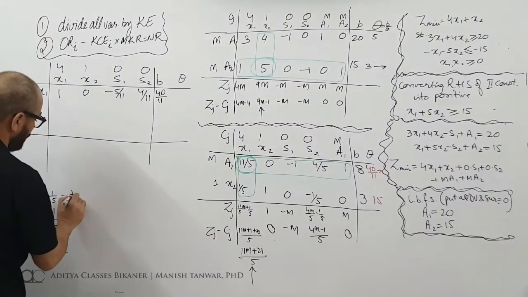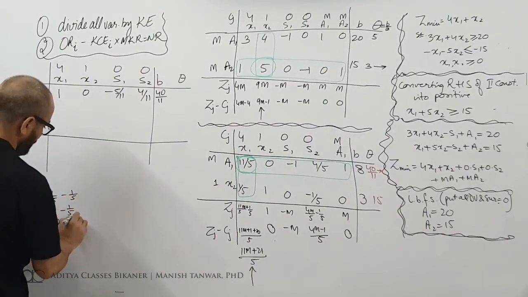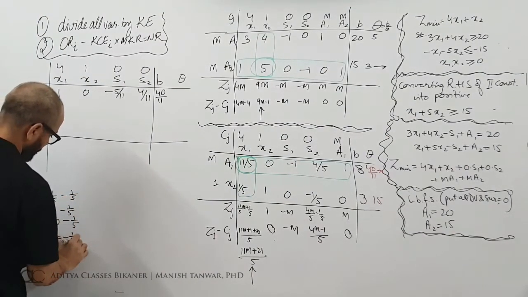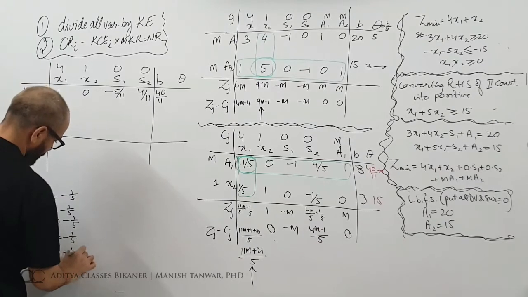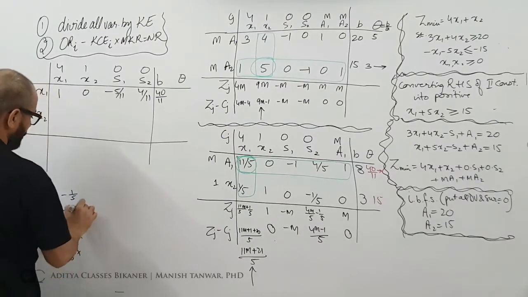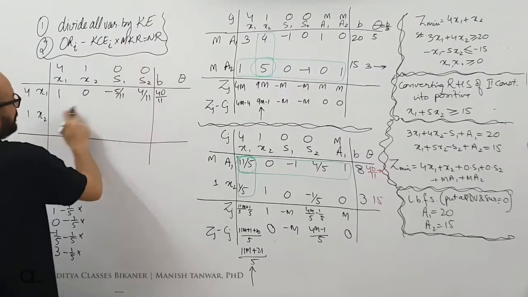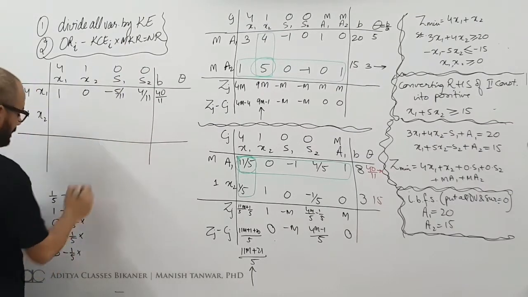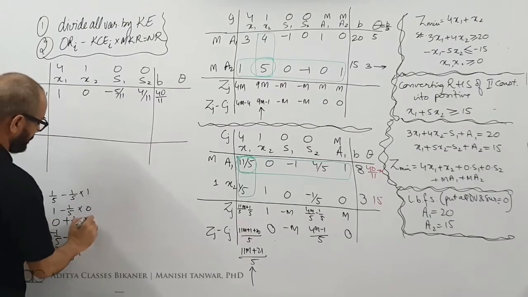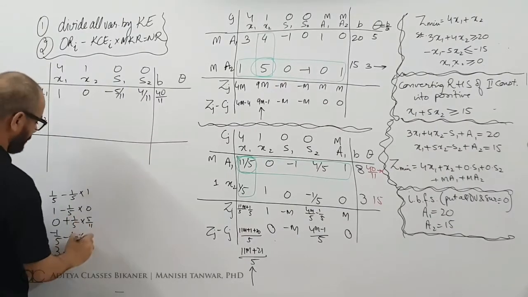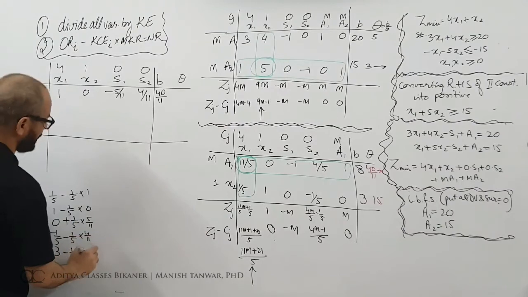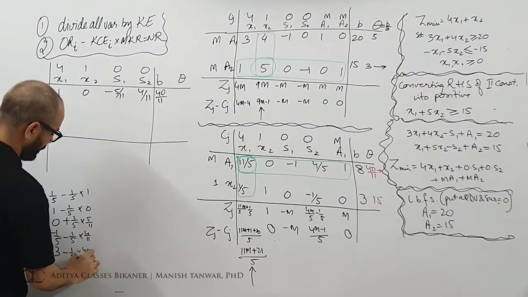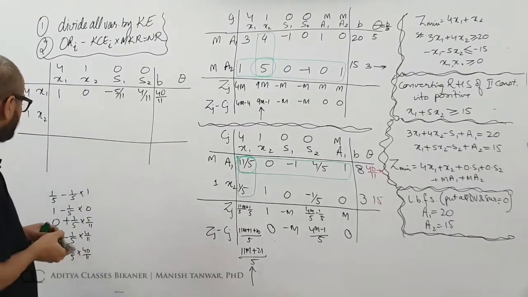It will be 1 by 5, multiplied by modified key row. This is our modified key row. 1, 0, minus 5 by 11, 4 by 11, and last one is 40 by 11.